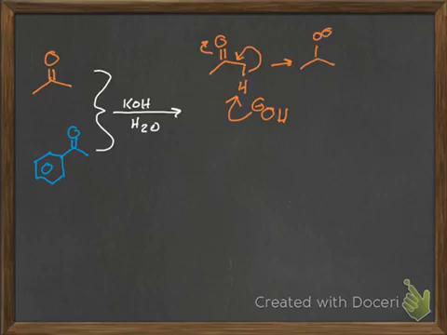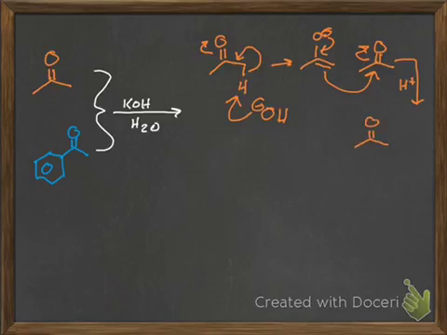So we form the enolate, and we're going to react it with another ketone, like so. Open that up. Add the proton, and we get this. So we're going to call this one, if we call this ketone A, this is AA.